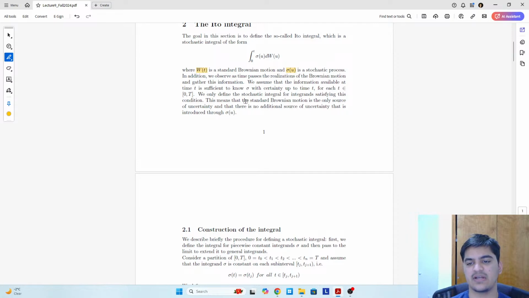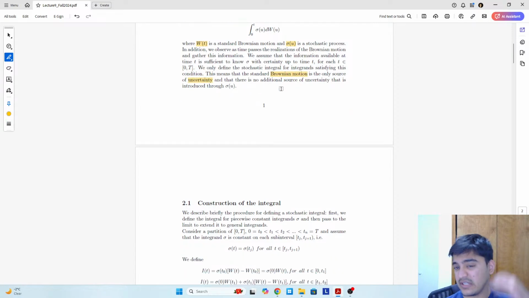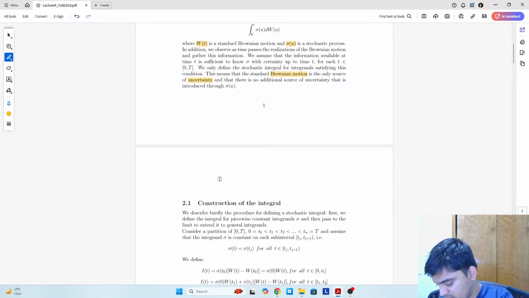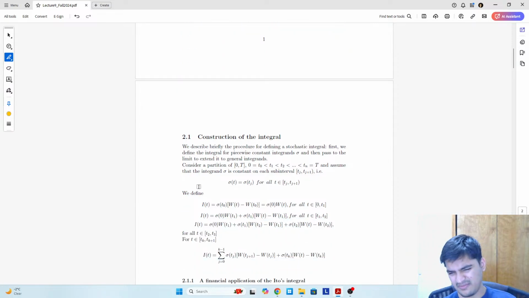That means that standard Brownian motion is the only source of uncertainty, and there is no additional source of uncertainty that is introduced through sigma u. So Brownian motion is the only source of uncertainty here, which obviously in the context of financial models or real life applications, I think is false.